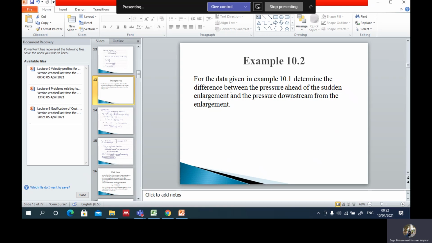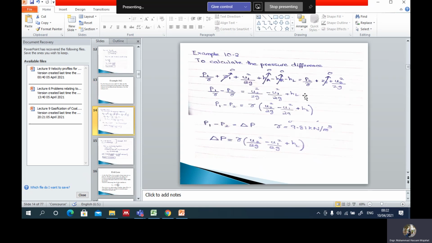For example, the energy equation is nothing but P1 upon gamma plus Z1 plus U1 whole square upon 2G plus HA minus HR minus HL is equal to P2 upon gamma plus Z2 plus U2 square upon 2G.